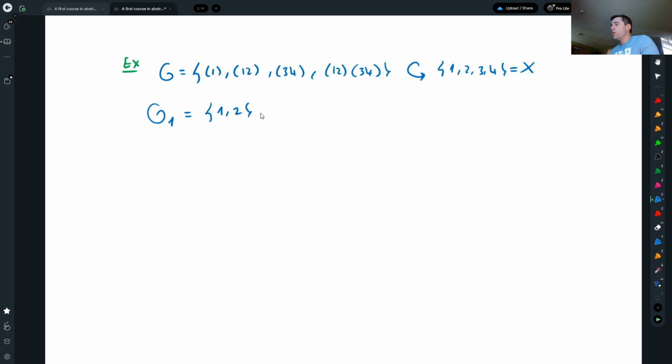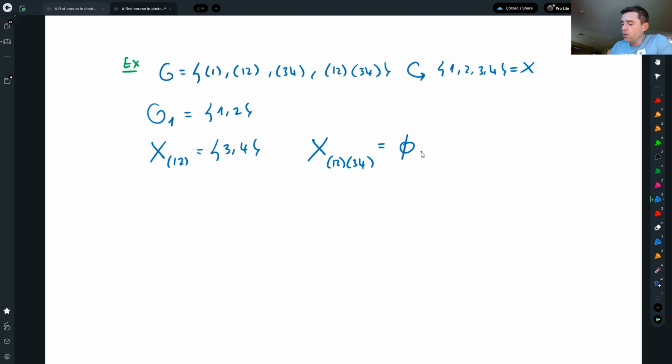What about, for example, what is X of (1 2) now? What elements are fixed by (1 2)? It's the same. 3 and 4 are fixed by (1 2). What are the fixed elements by (1 2)(3 4)? Notice that 1 is sent to 2, 2 to 1, 3 to 4, and 4 to 3. So nothing is fixed. So this is empty. There is nothing being fixed by that element.